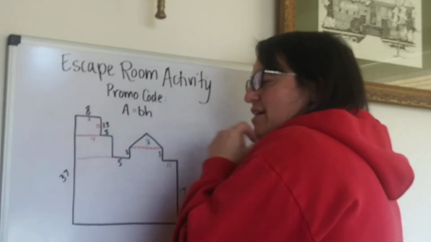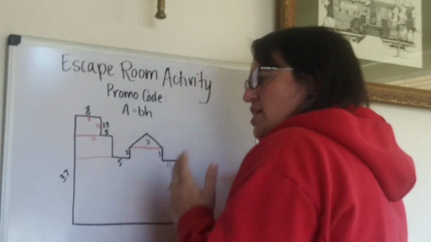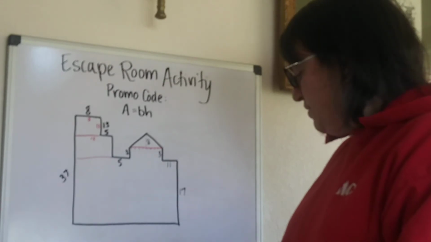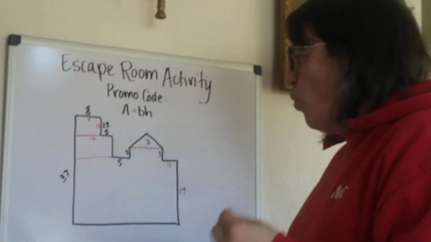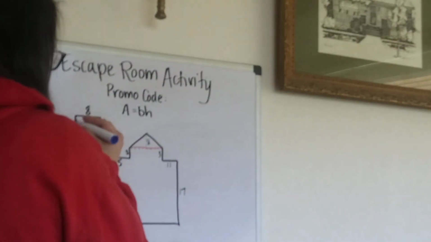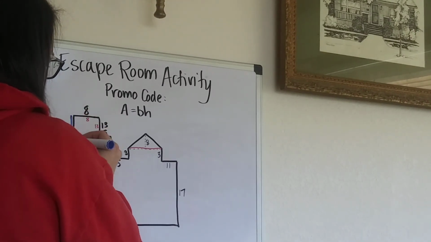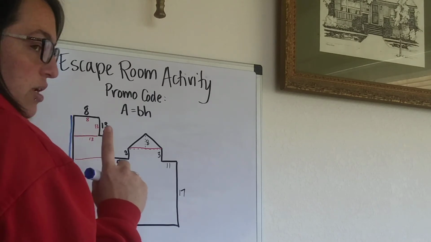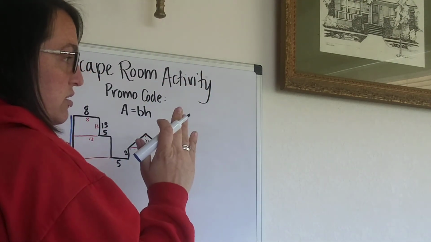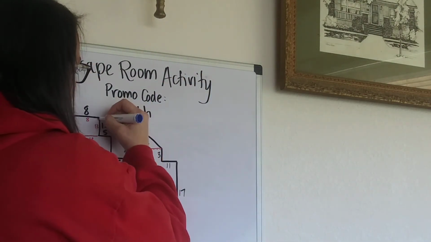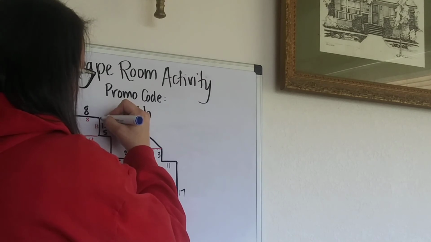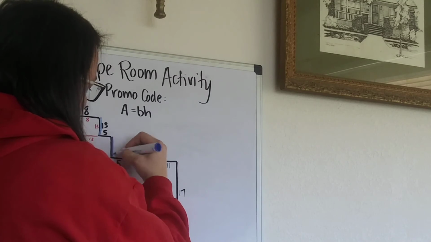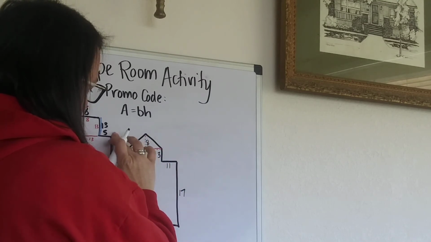The way we have to reason this one out is by looking at these vertical lines, okay? I'm going to use a different color just temporarily, and then I'll erase it, just to highlight what I'm talking about. This line right here is a total length of 37, and it should match up to all of the horizontal lines that are parallel to it. Nope, that's the one we don't know yet.